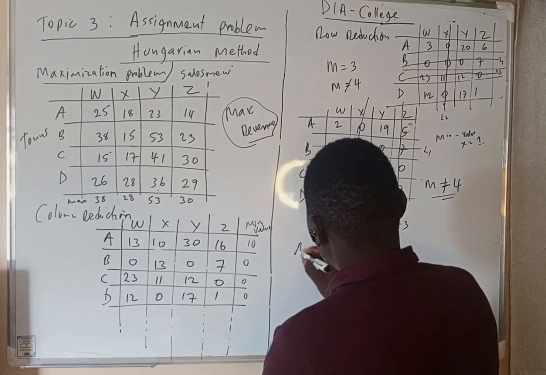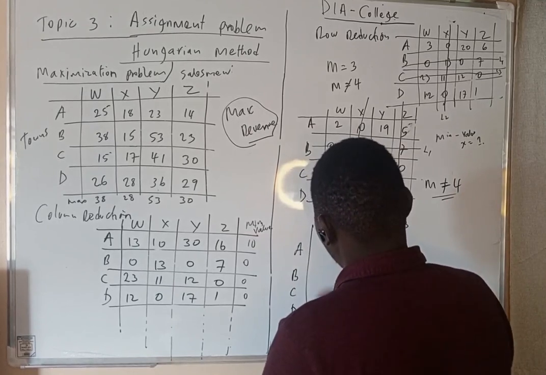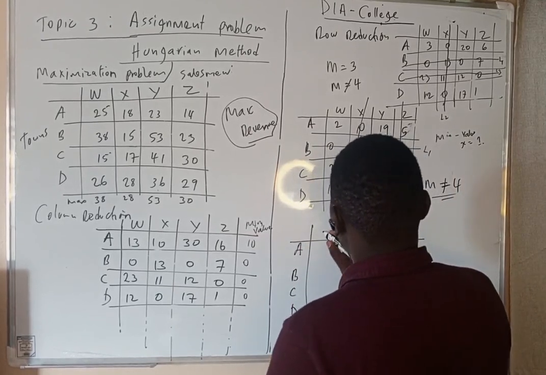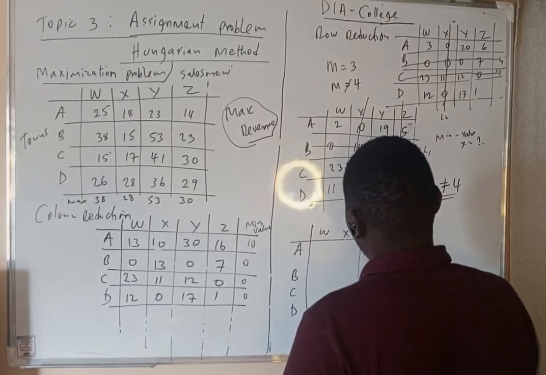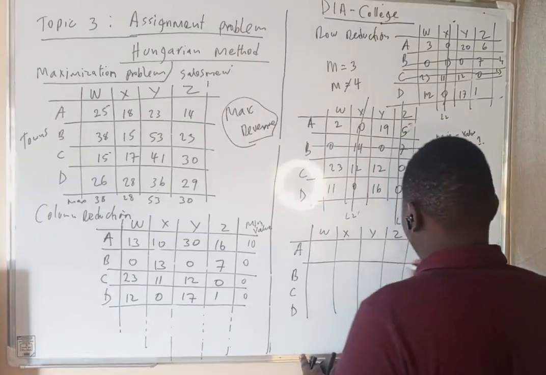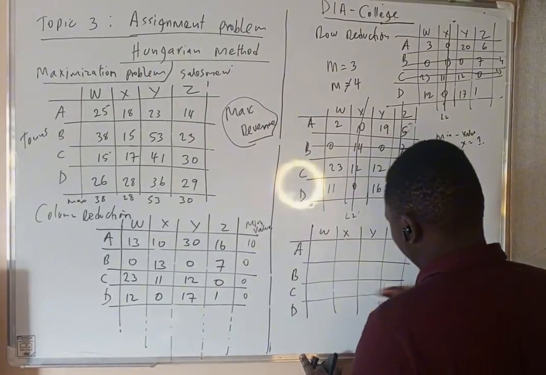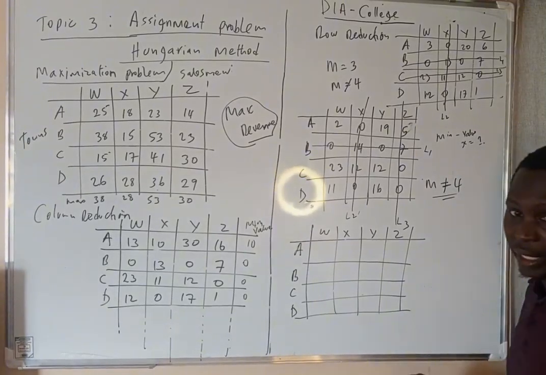So I'll have A, B, C, D, then W, X, Y, and Z. So I want now to perform step number 4 again.